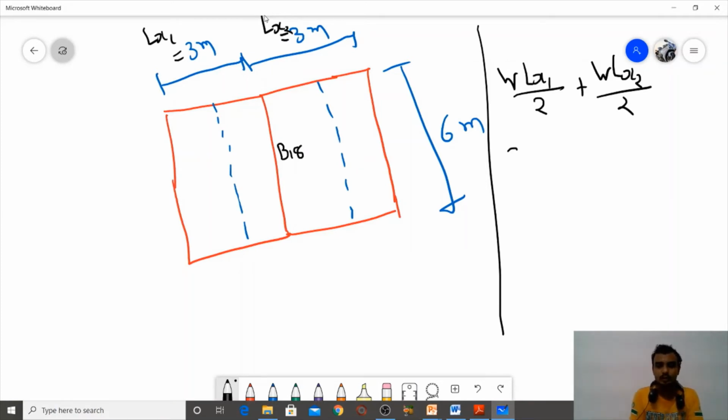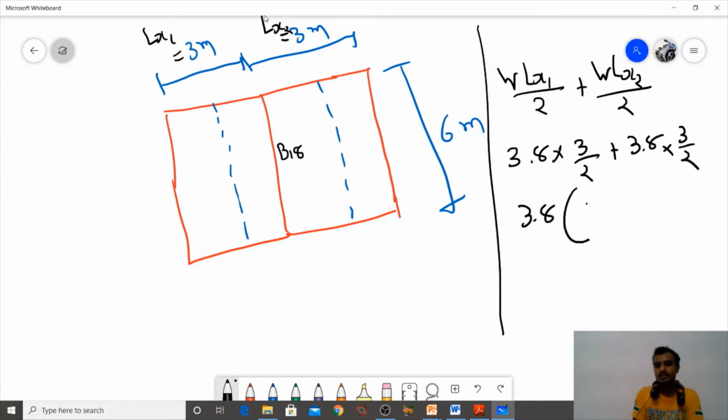W is the total load, 3.8 on the slab, into Lx1, so 3 by 2, plus 3.8 into 3 by 2. So I take 3.8 in common and 1.5 plus 1.5. This is the equation.